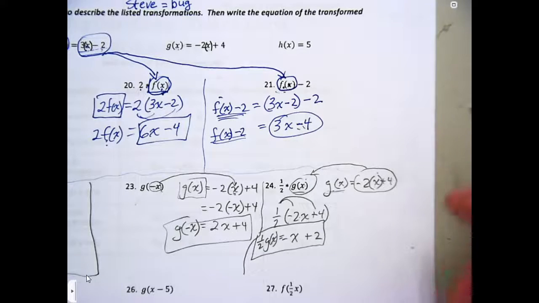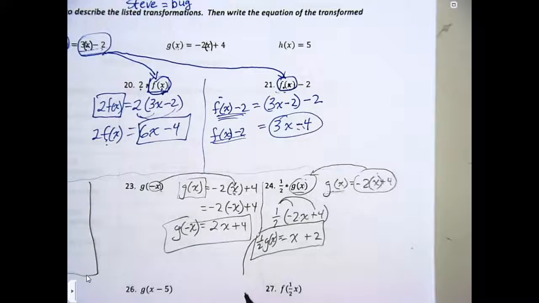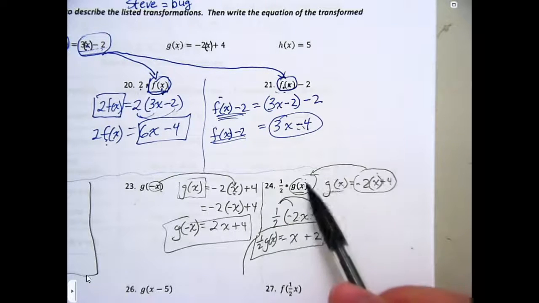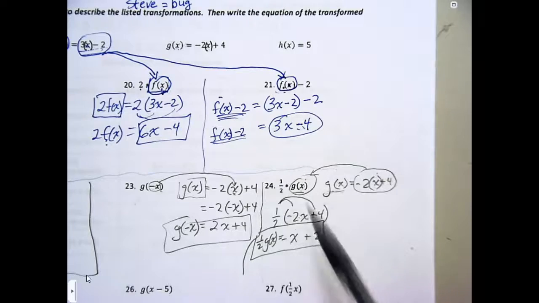Negative x plus 2. What's 1/2 of negative 2? It's negative 1. Audrey, question? Yeah, because it says g of x. All right, moving on.